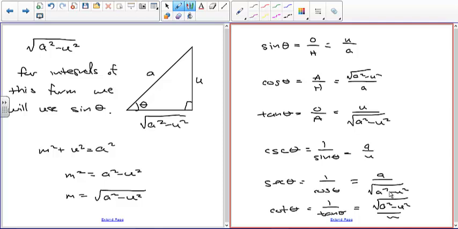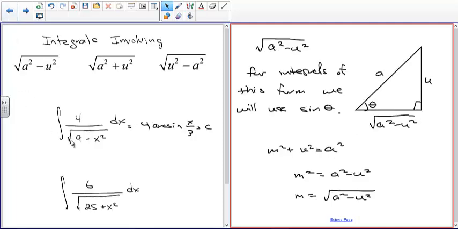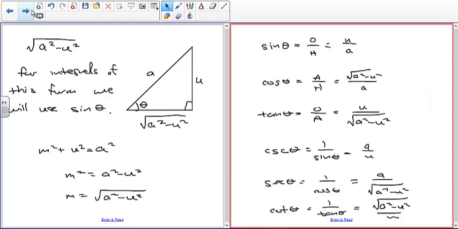So the whole idea here is that we're going to take an integral and we're going to use these substitutions, plus one more, because we're going to need, in the original integrals, to replace this with one of those trig functions. The last thing we usually have to deal with is how do you deal with dx or du, depending upon whether it's u substitution or not.